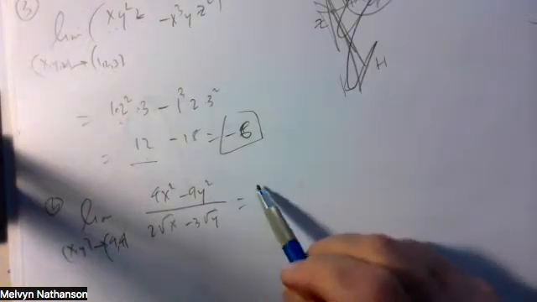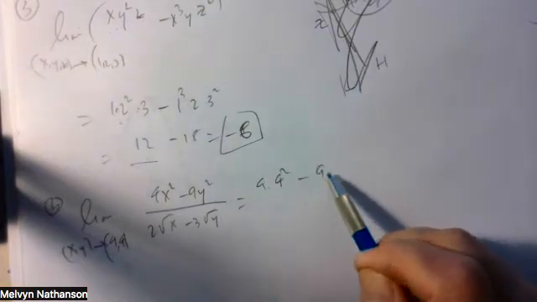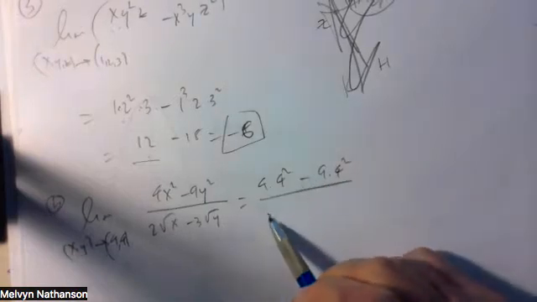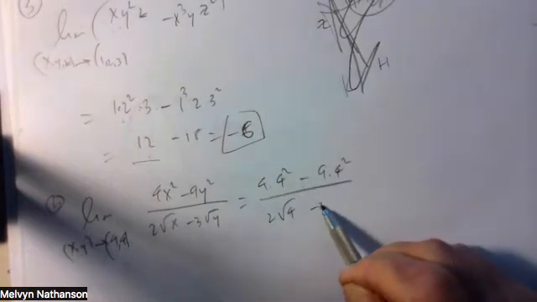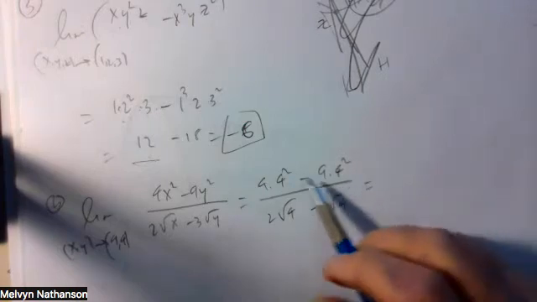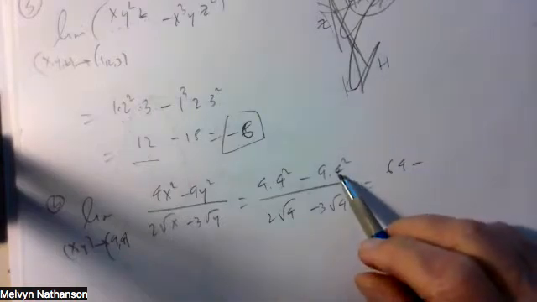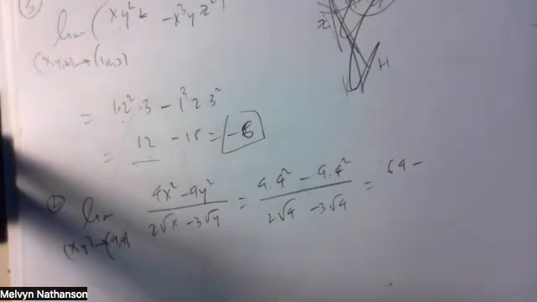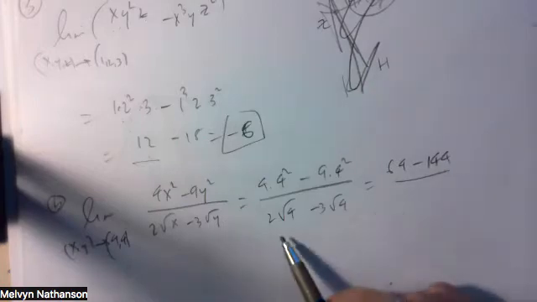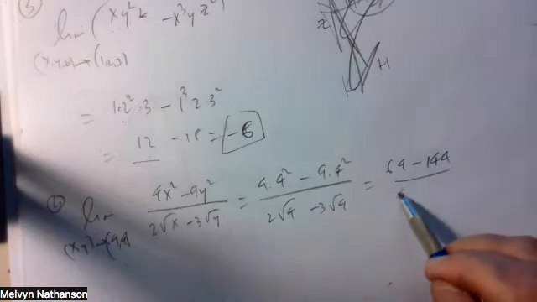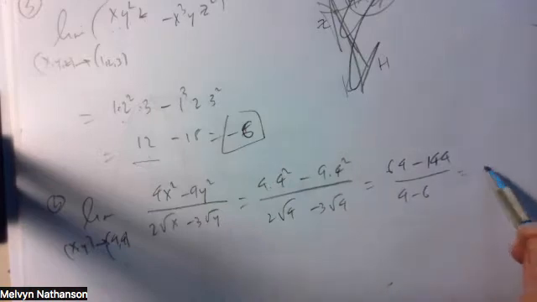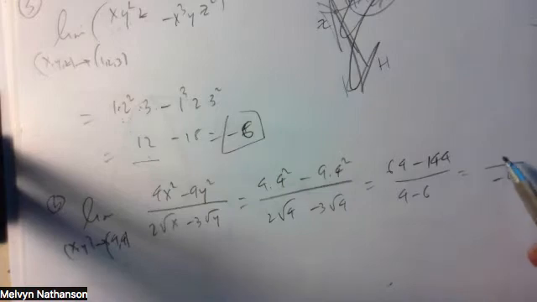So this is just 4 times 4 squared minus 9 times 4 squared over 2 times the square root of 4 minus 3 times the square root of 4. So this is 4 times 16 minus 9 times 16, over 4 minus 6. I have minus 2 there and 80. So it looks like this is just minus 40.